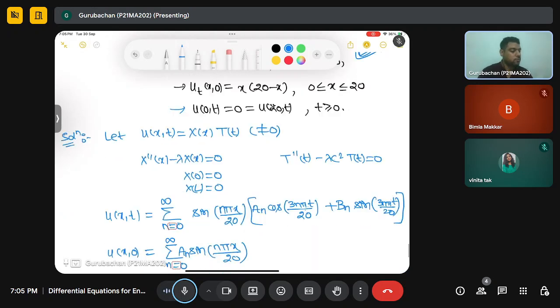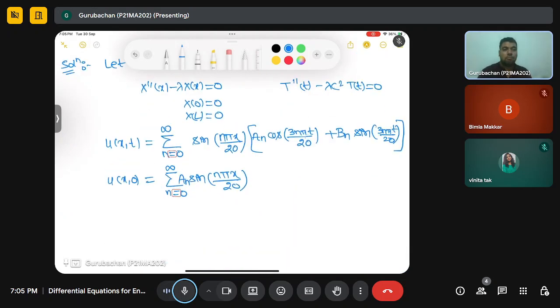So this is x and 20 minus x, when x lies between 0 to 10, and when x lies between 10 to 20.